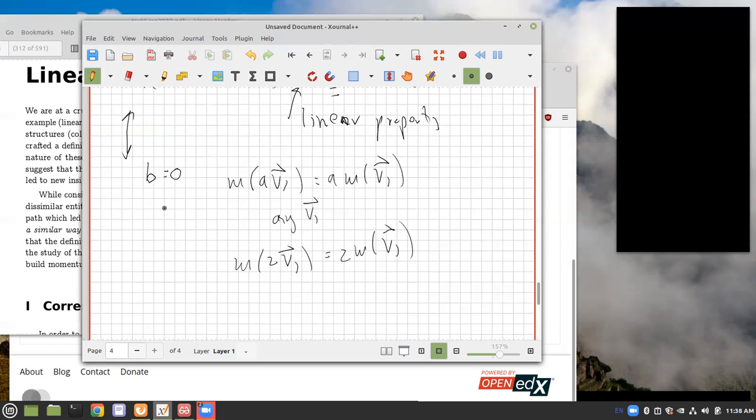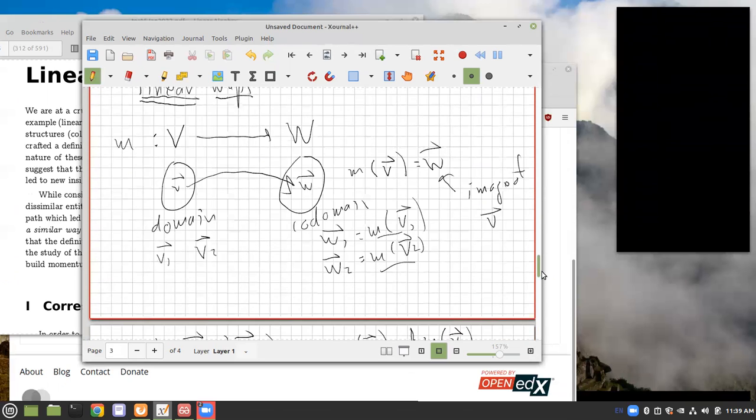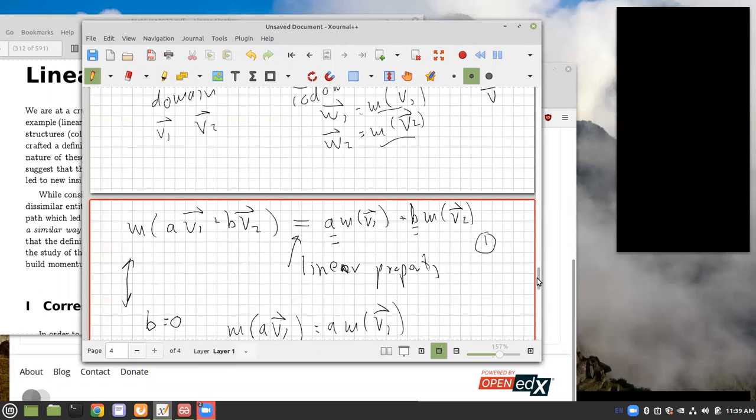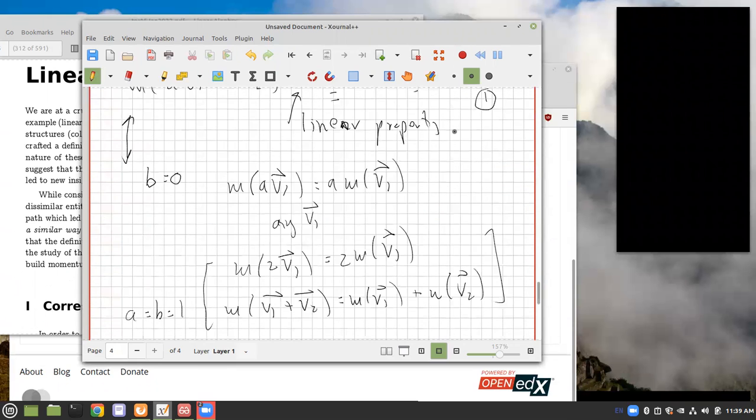The other special case is A equals B equals 1, in which M of V1 plus V2 equals M of V1 plus M of V2. So the image of the sum is the sum of the images. So these two properties are equivalent to this property here. This is version 1 of the linear property.